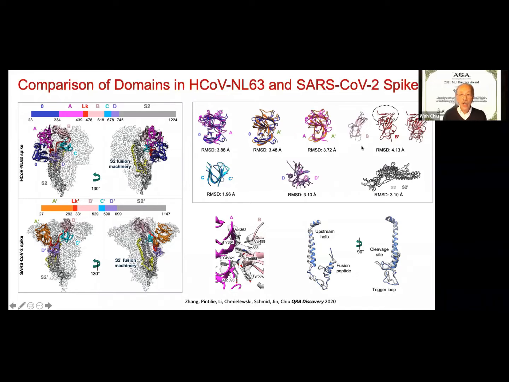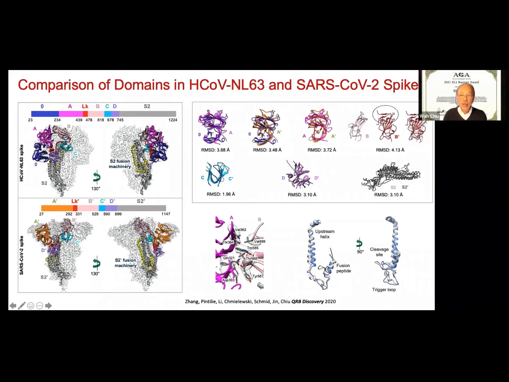Now the interesting domain among all these domains is the B domain, which is the receptor binding domain. Interestingly, in the NL63, A and B are in very tight interaction, as shown here, all hydrophobic interaction between the interface of the A domain and the B domain. Whereas in the case of the COVID-2, there is no direct interaction between the A prime and B prime domain.